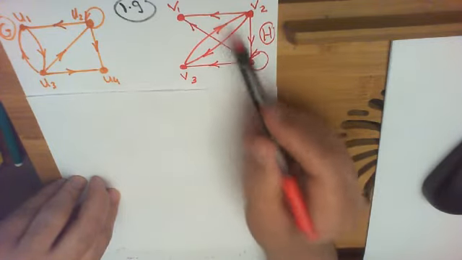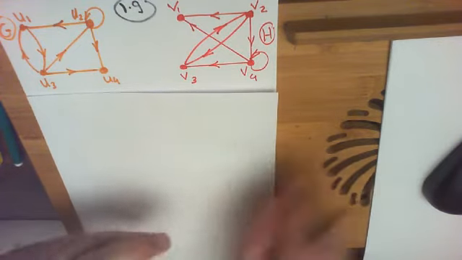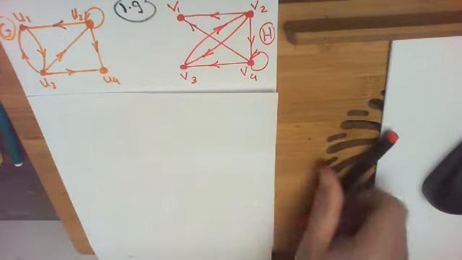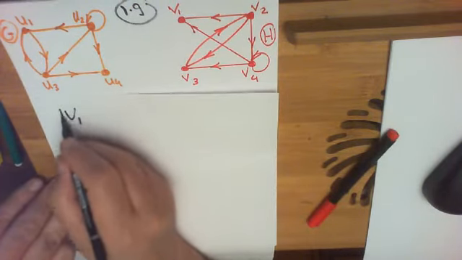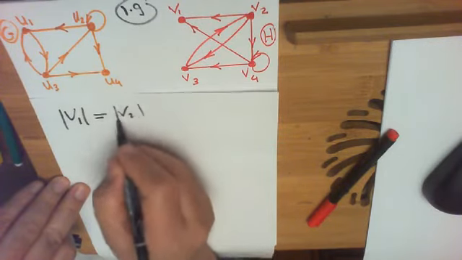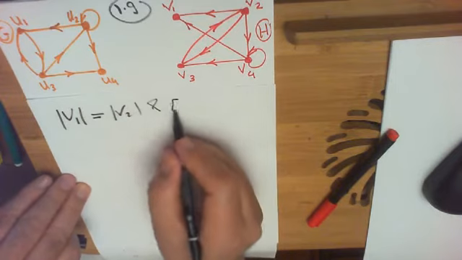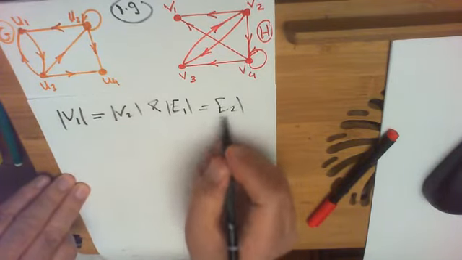So the number of vertices in graph G equals the number of vertices in graph H, and the number of edges in graph G equals the number of edges in graph H.